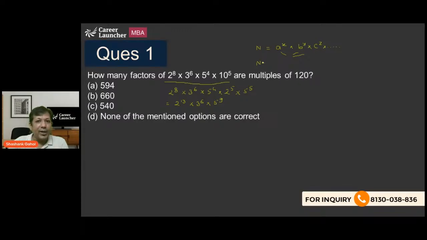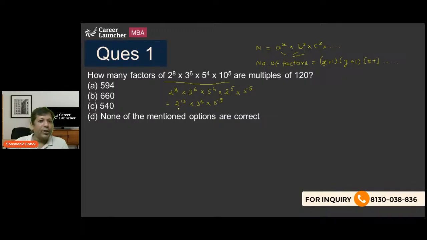Then the number of factors of n is given by power plus 1: x plus 1, into y plus 1, into z plus 1, and so on. This is how we can calculate the number of factors of any number.